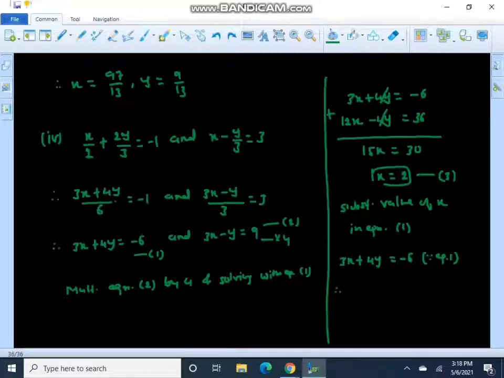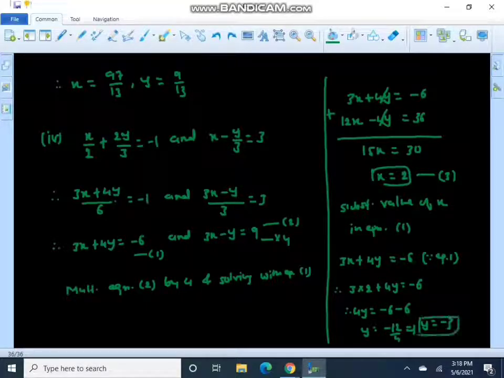Therefore, 3 into 2 plus 4y is equal to minus 6. Therefore, 4y is equal to minus 6 minus 3 2 जा 6 है ना, 3 2 जा 6 ट्रांसपोज कर देंगे. y is equals to minus 12 by 4 implies y is equals to minus 3, and therefore the solution value of x is 2 and y is minus 3. Clear?